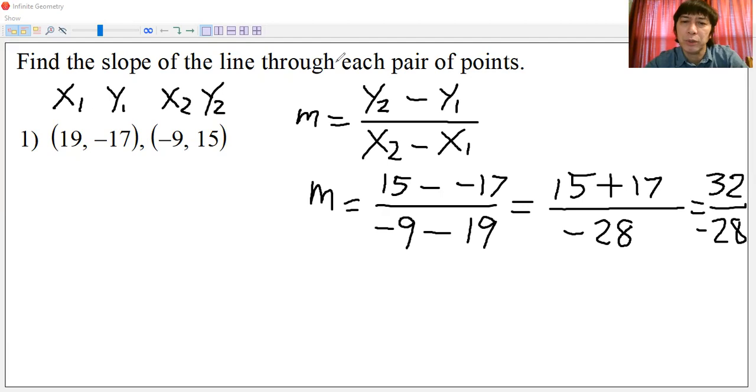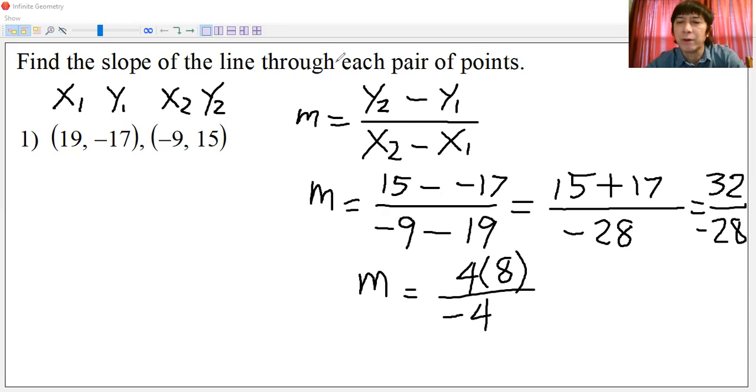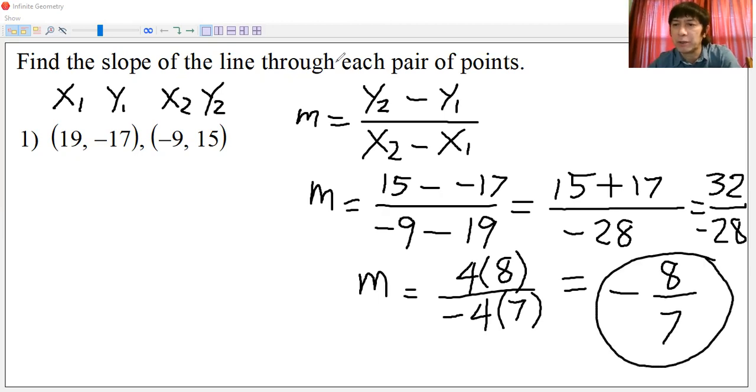And this will still be reducible to its factors, 4 and 8 for the positive 32, and -4 and 7 for the -28. And you see the 4 and the 4 cancels out. We will still have the answer -8 over 7. That's our answer. And this is the same as what we had a while ago. There. And you get the same answer there.